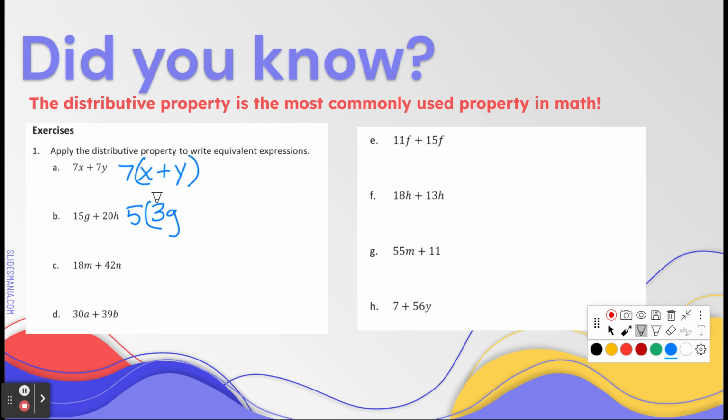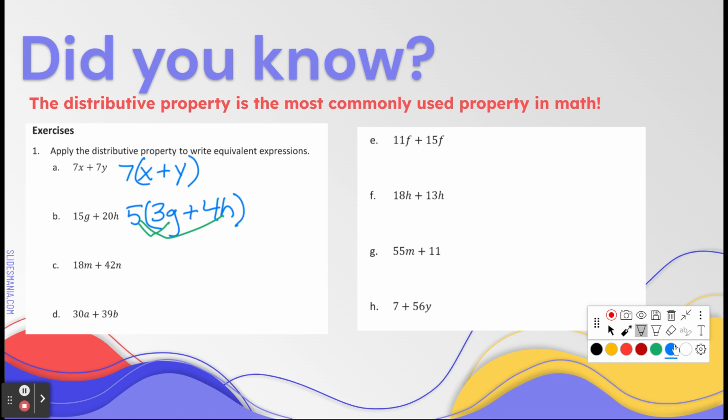Look at that. 5 times 3 is 15, and then you have your g. Now we need to add that. Plus 5 times what gives us 20h? 5 times 4h will give us 20h. So when you look at this now, you have 5 times 3g gives you 15g, and 5 times 4h gives you 20h.